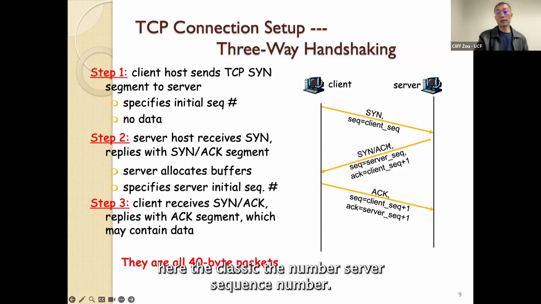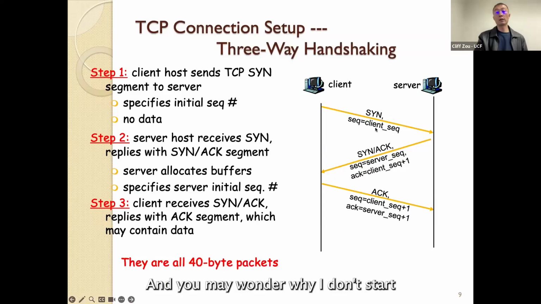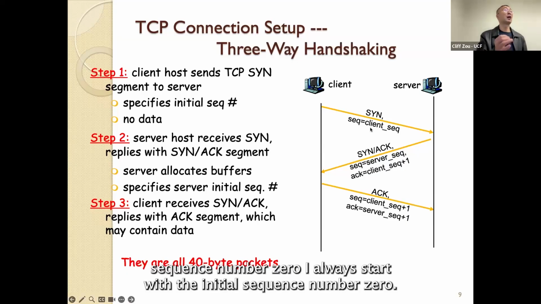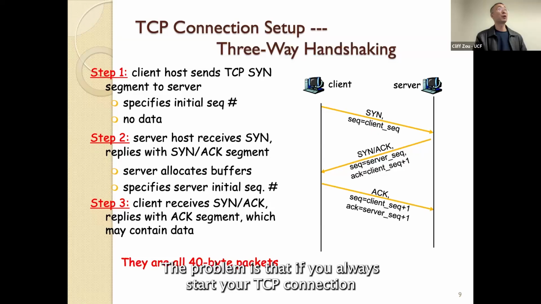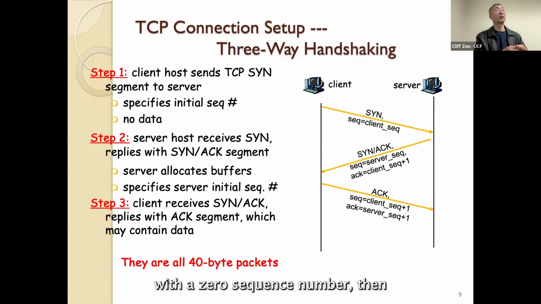So remember here, the client sequence number and the server sequence number. And you may wonder why I don't always start with the initial sequence number 0. Then we wouldn't need to exchange this information anymore. The problem is that if you always start your TCP connection with a 0 sequence number, then you may have some trouble when you act as the receiver side.